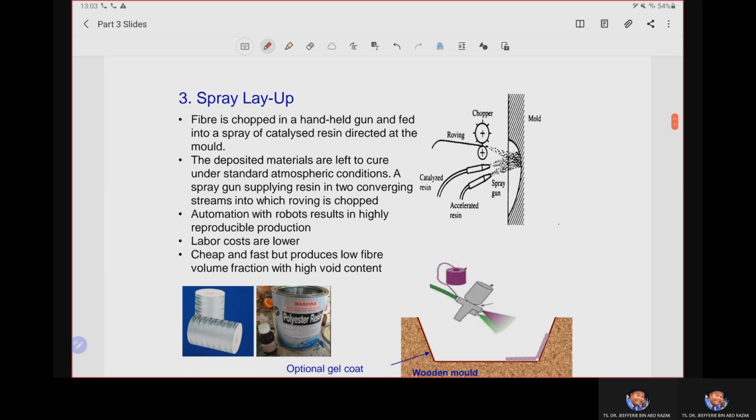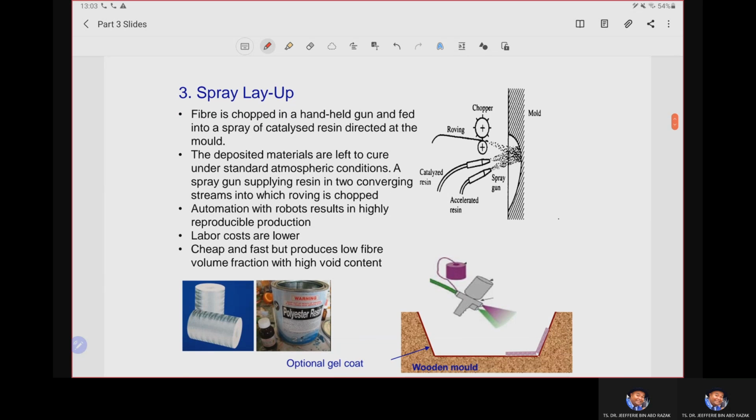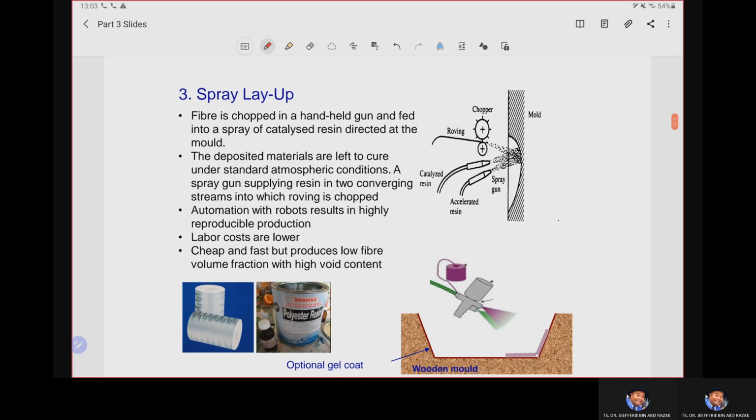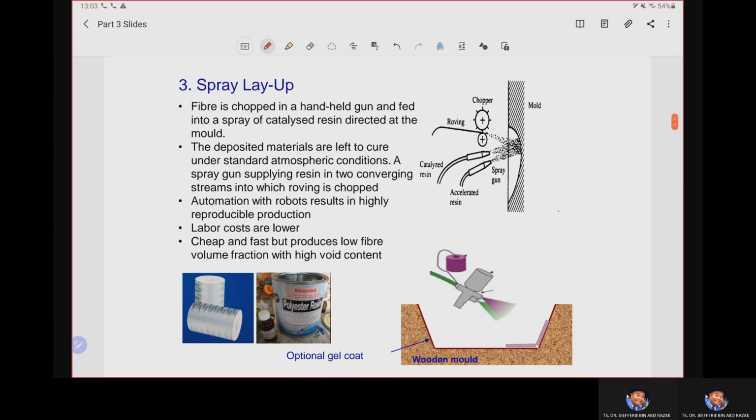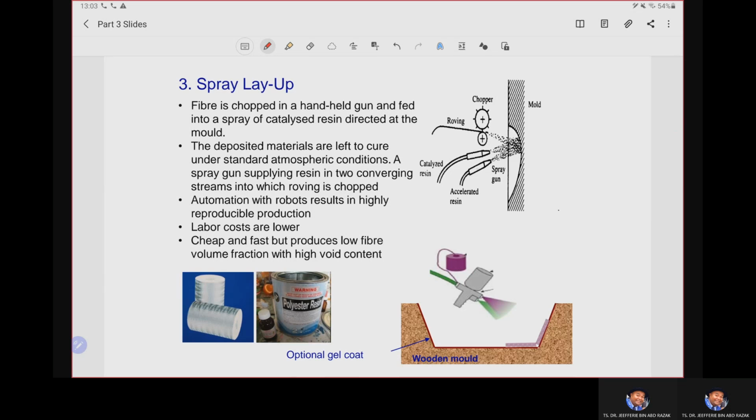So the last method for the open mold is the spray layup process. As the name implies, it is a combination of the spraying method with the hand layup method. Let us further explore this method. In the spray layup method, the fiber is chopped. We have the chopper here in a handheld gun and feed into a spray of catalyzed resin.